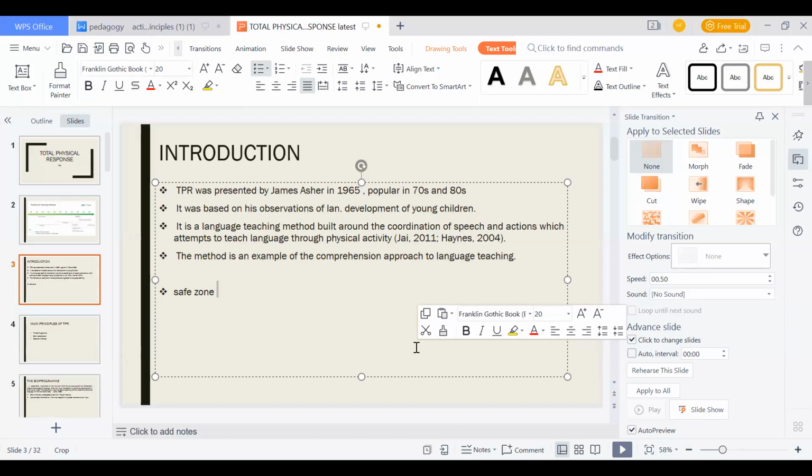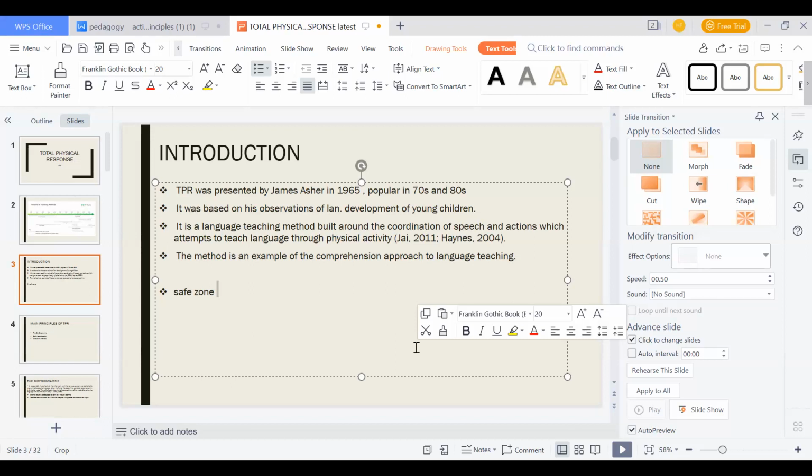For example, dance. Baby, dance. They know dance means natana. So when you talk to the child, you can use your body language. You mime it, and then the child comprehends it. Before the child speaks the word, there's a safe zone.